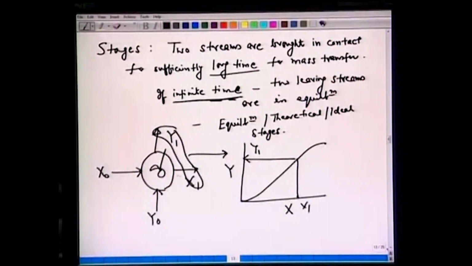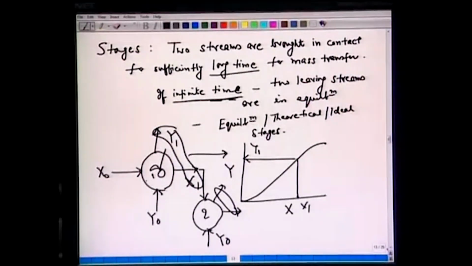We have one stage. Now, we can take this stream and bring it into a second stage, and again bring it in contact with another fresh stream y0, so that the leaving streams from here would again be in equilibrium. So, this is the meaning of stages in cascades or in series.